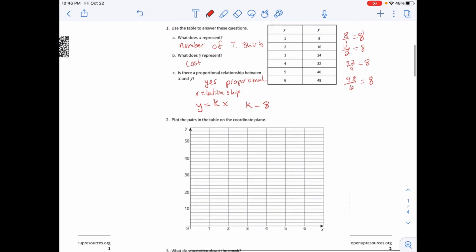So if we were to plot this on this graph here, if you buy one t-shirt, you pay $8. If you buy 2 t-shirts, you pay $16.